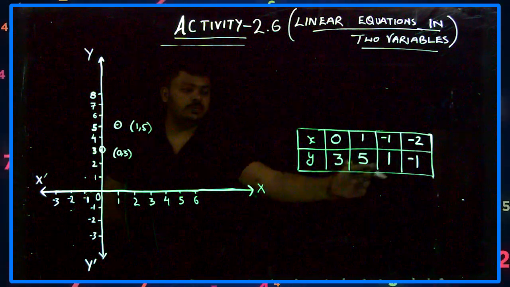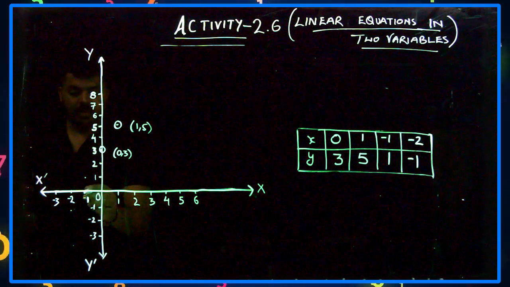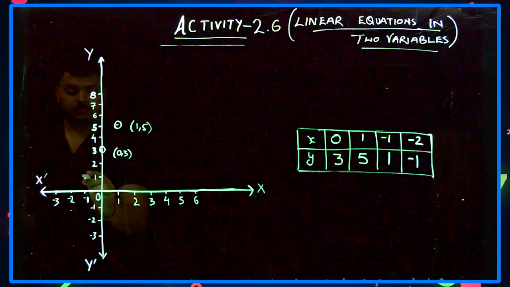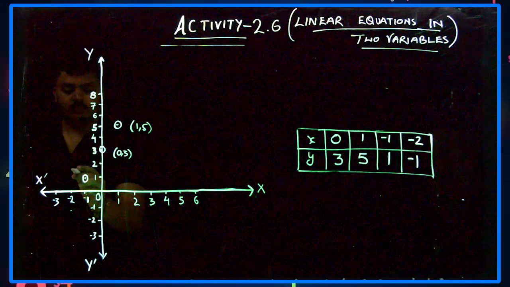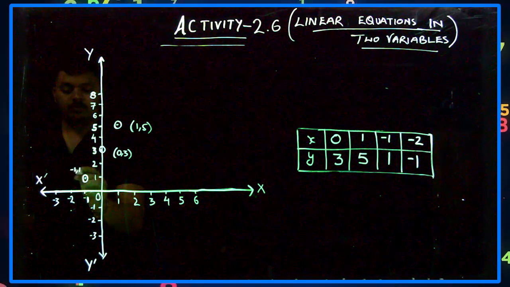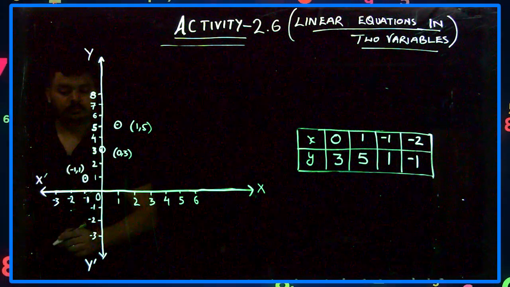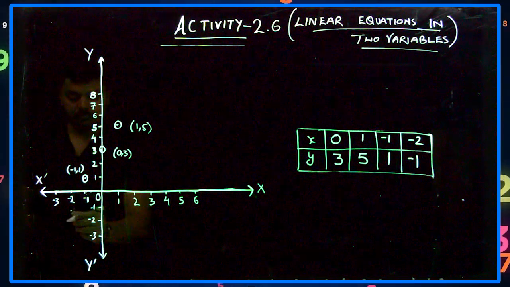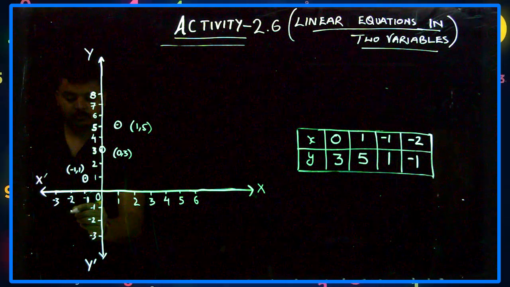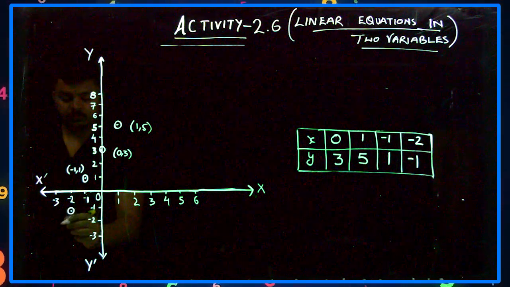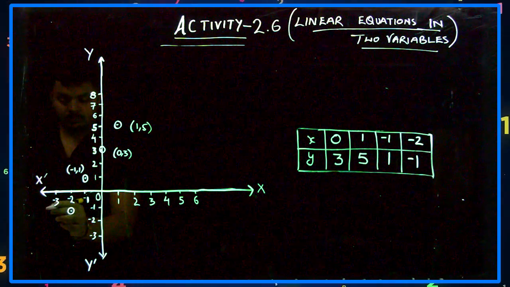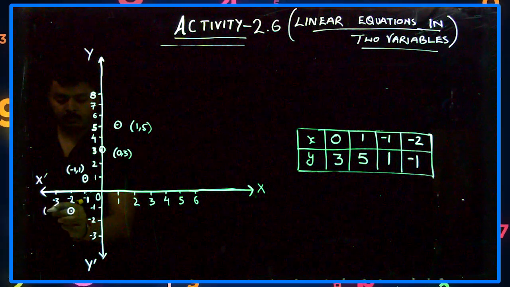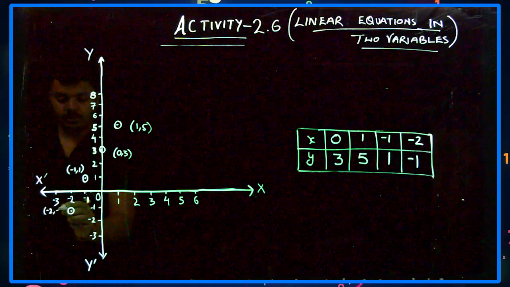Third point is minus 1, 1. And then minus 2, minus 1.